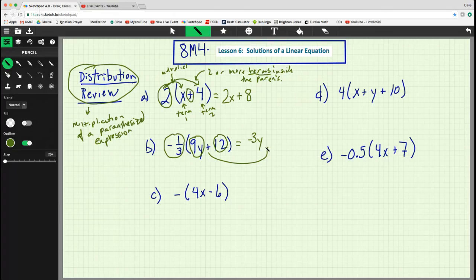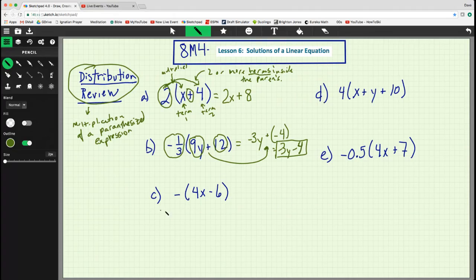We take our plus, and negative 1/3 times 12 is negative 4. So our answer, if we simplify, is equal to negative 3y minus 4, right? Because if we add a negative 4, that's the same thing as subtracting 4. Are we getting the hang of this? Are we remembering that?